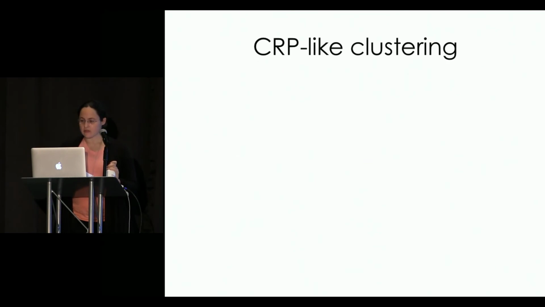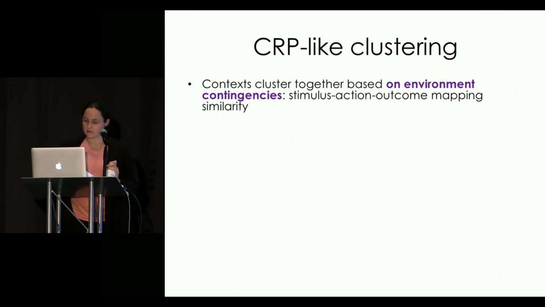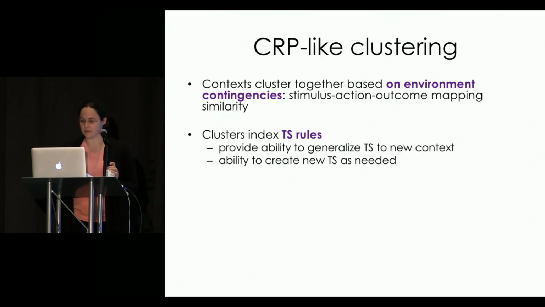Okay, so it has strong similarities to a Chinese restaurant process like clustering, because it has this flexibility of unknown size, but also this possibility to cluster things together based on how similarly you should act in different environments.